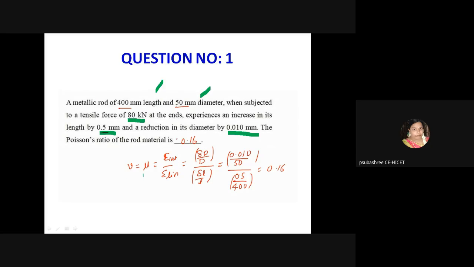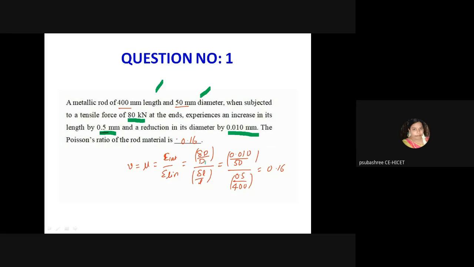Okay. So what is the formula for Poisson's ratio? The Poisson's ratio is denoted by mu. It is lateral strain divided by linear strain. Strain is denoted by epsilon, so epsilon lateral divided by epsilon linear. The lateral strain is del D divided by D, change in diameter divided by original diameter.